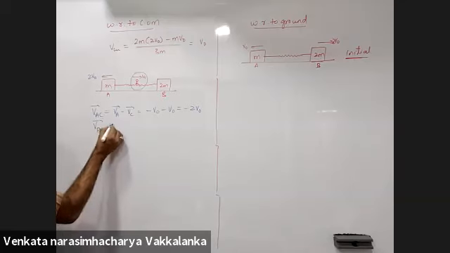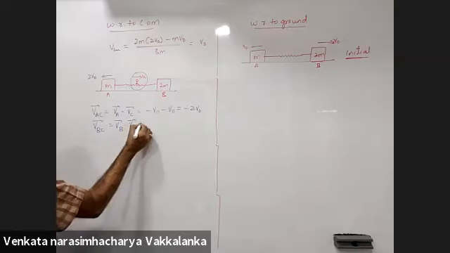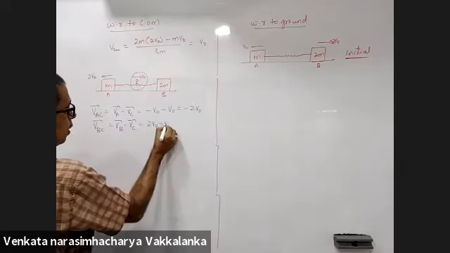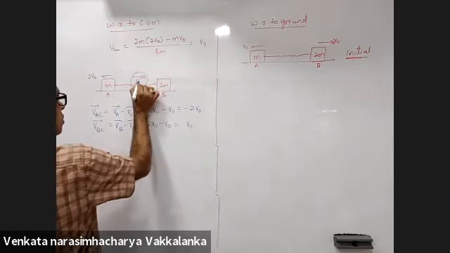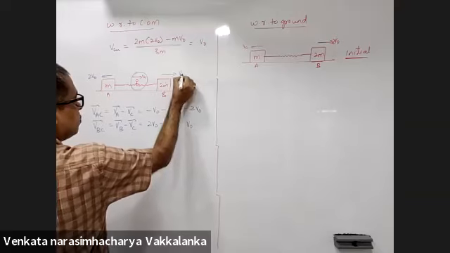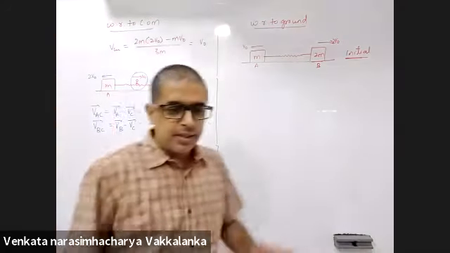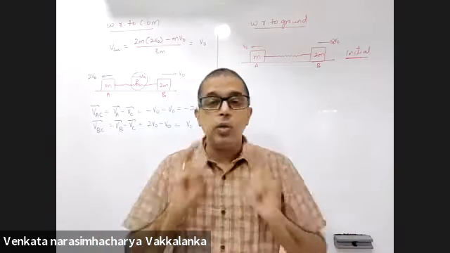Velocity of B with respect to center of mass is velocity of B minus velocity of center of mass, 2v0 minus v0, which is v0. This person will see it moving to the right with a velocity of v0.